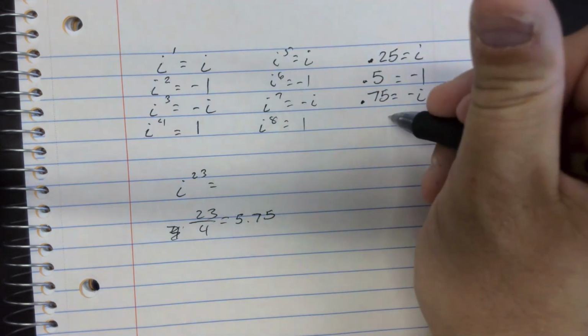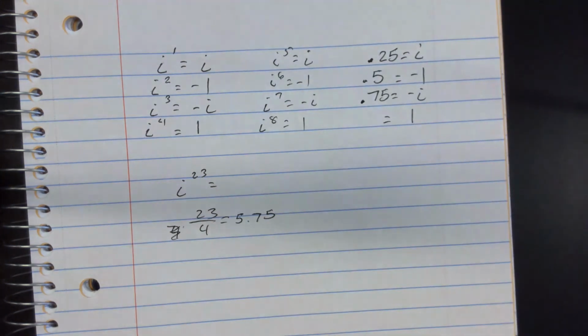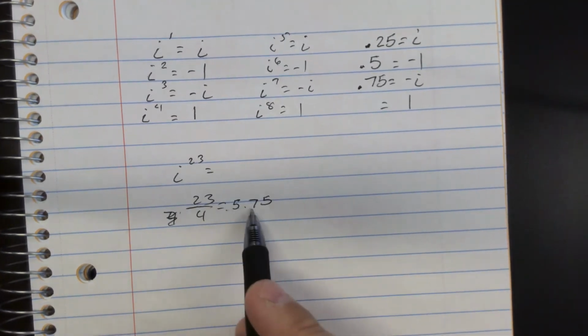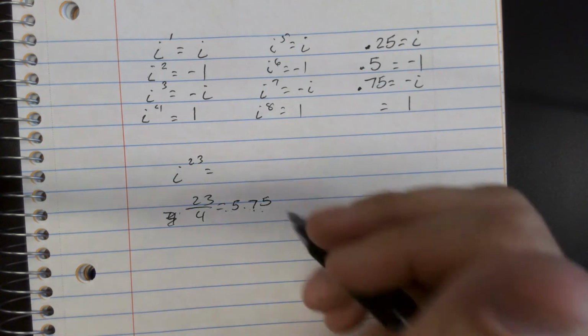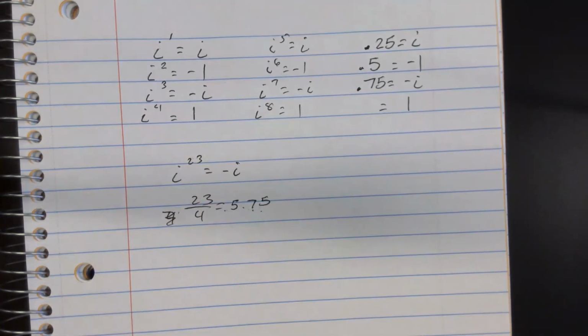And if there is no remainder, meaning it goes in whole, it's 1. So you could always just divide the exponent by 4, and the remainder will tell us what the digit would be. So this one is 5.75, so because it's 0.75, I know I to the 23rd would be -I.